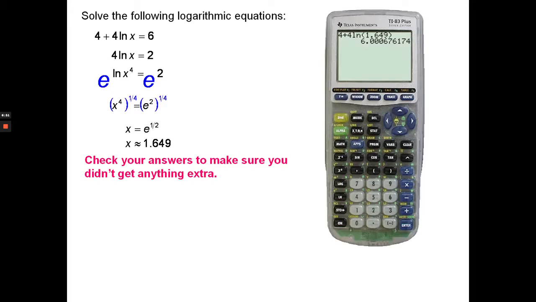So when we plug it in the calculator, we get 6.0067, blah, blah, blah. And remember, we are plugging it back into our original equation and checking, does the right side equal the left side? Okay, and in this case, yes, it does. So our answer is 1.649. Again, we want to round all of these answers to 3 decimal places.